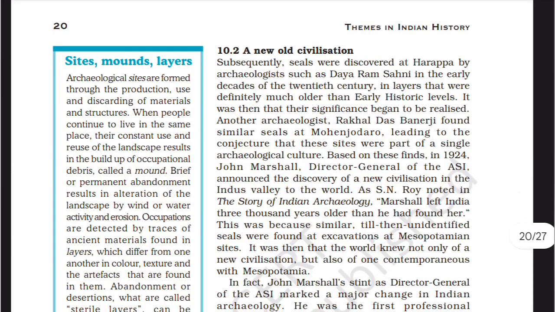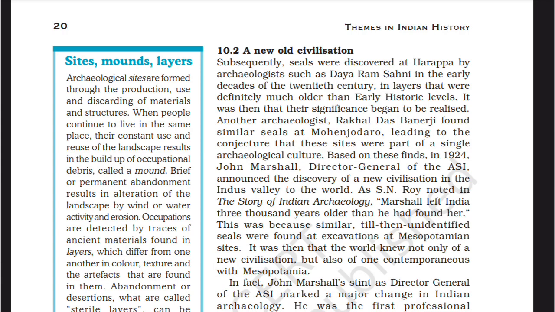Now, a new old civilization. Here there are two Indian persons we are going to learn about. First is Dayaram Sahni, and second is the archaeologist Rakhaldas Banerjee. They studied the Harappan objects that were found, basically the seals, and found that they maybe belonged to the same civilization.